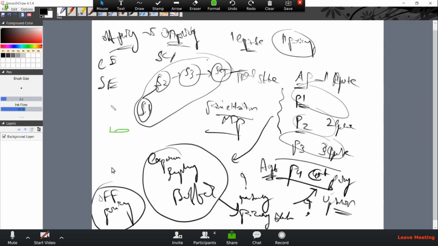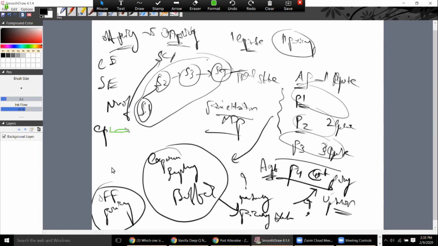Sample complexity is nothing but the number of episodes it needs to learn a particular task or find some optimal policy. Because this only learns on the current policy, the number of episodes you have to run is more. So episodes are more for this, and for the other, episodes are fewer.